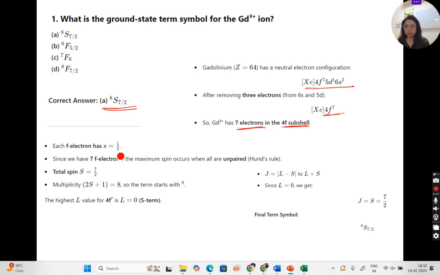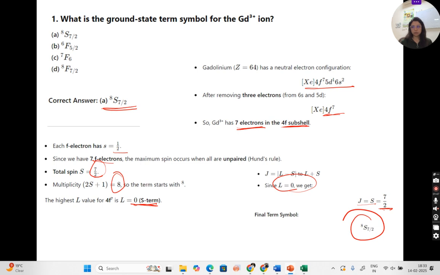Each electron contributes half, so 7 electrons contribute 7 by 2, which gives the multiplicity of 8. And L has a value of 0 for the S term, and J goes from L minus S to L plus S. Because L is 0, J is equal to S, which is 7 by 2, and finally the term symbol will be 8S 7/2. Hope this is clear.